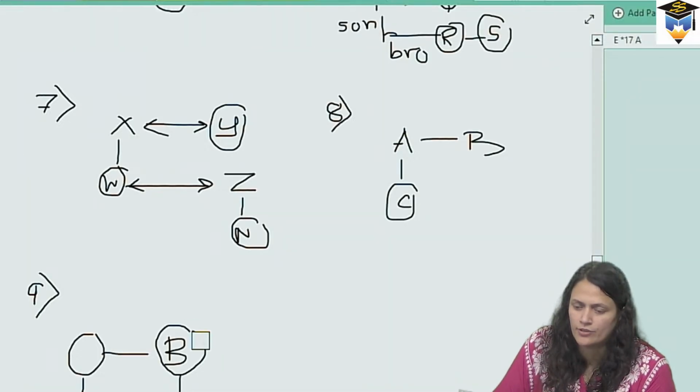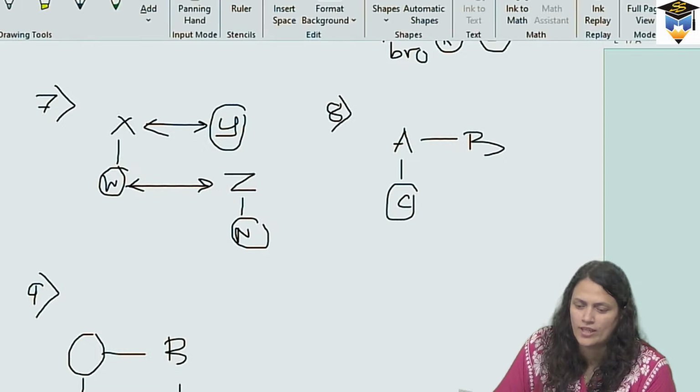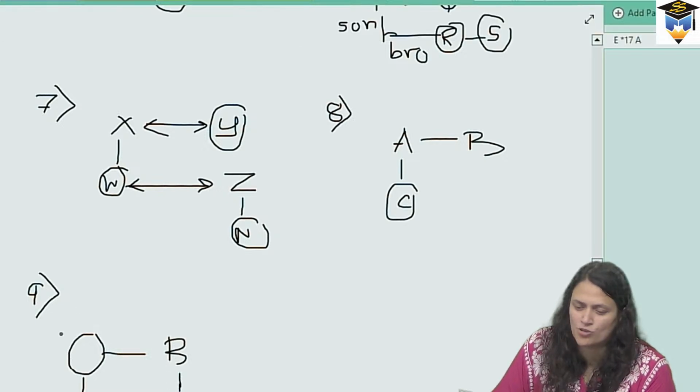B's gender is not given to us. So A's mother I've just shown with a circle.